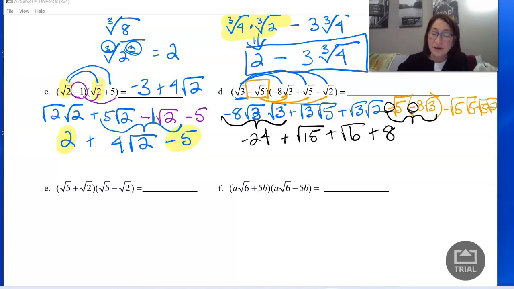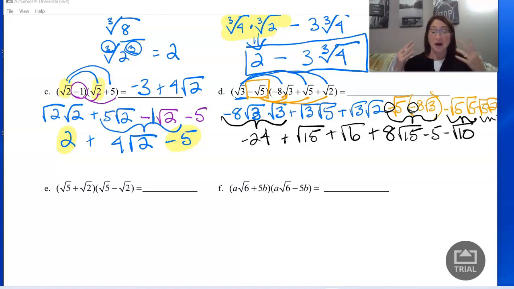My coefficient is an 8, root 15. Now I've got root 5 times root 5, which is 5, so minus 5. And then root 5 times root 2 would be negative root 10.